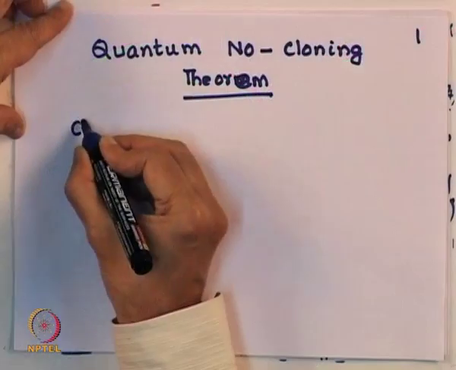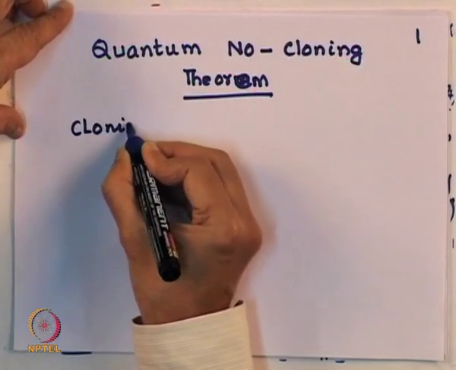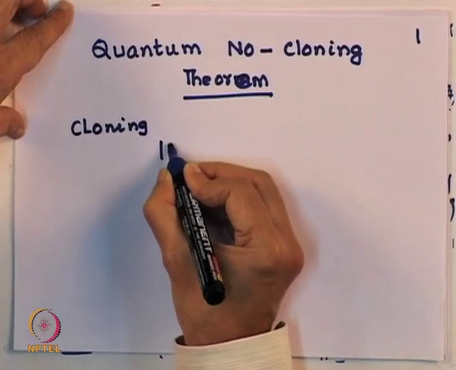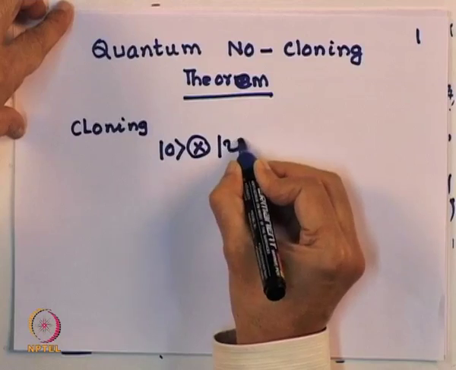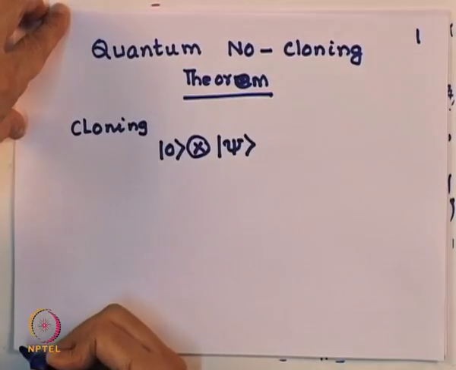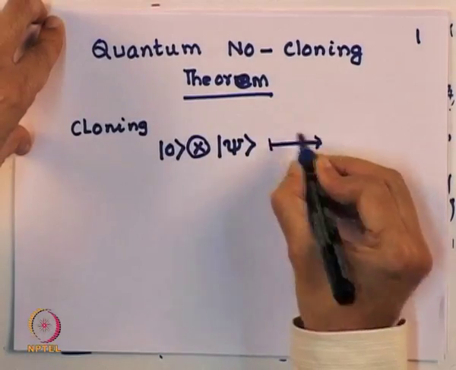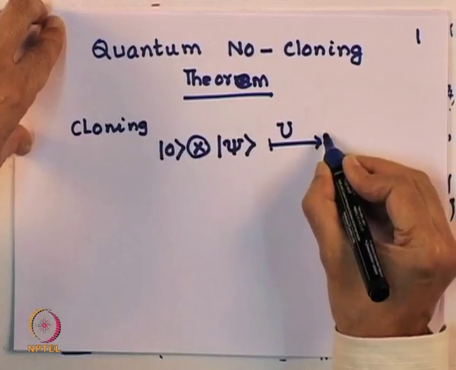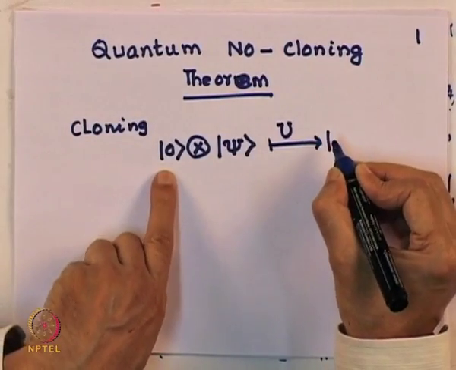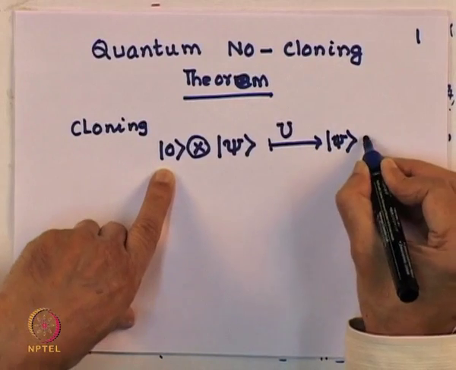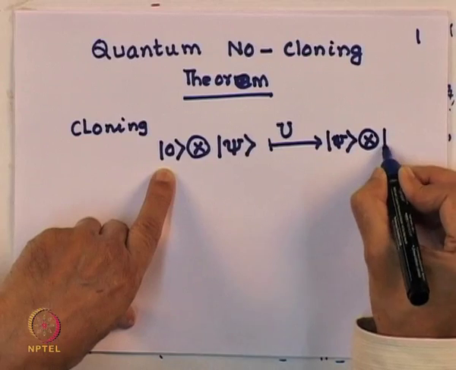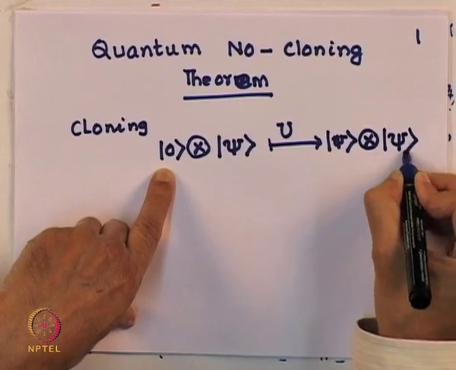So basically, a cloning would require that you take a blank state and a state psi, and you find a unitary operation which gives me, in place of this blank state, psi itself, and of course, as you know, in Xeroxing, the original is returned back.